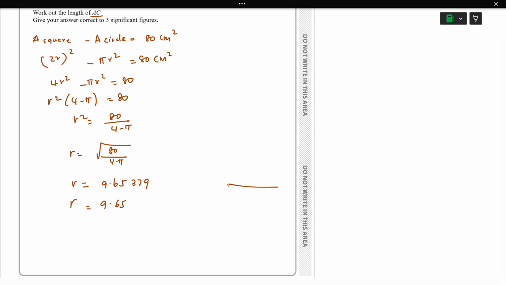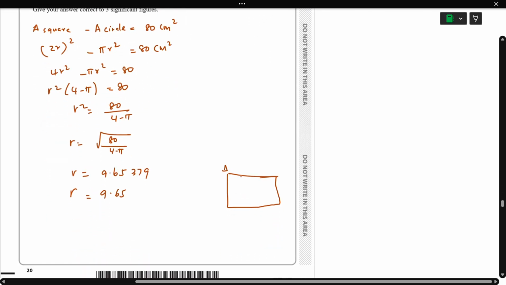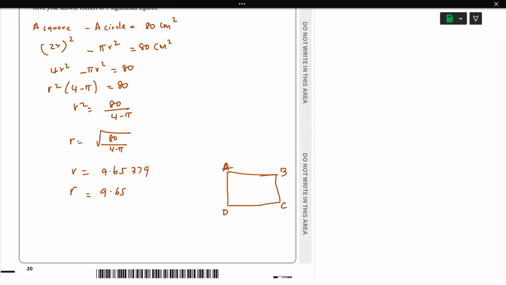Now the square ABCD. We need to find this length AC. As we know, these are all right angles, so it's a right angle triangle. This is 2r, this is 2r, and this one is AC.